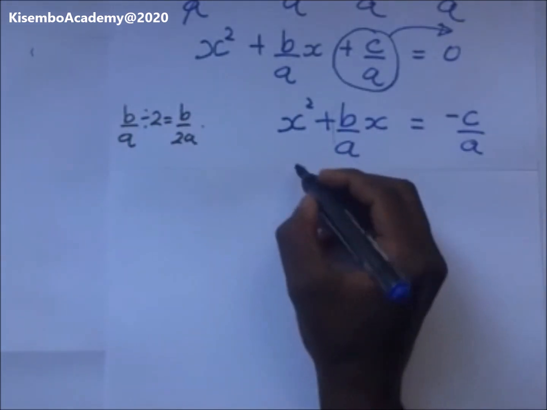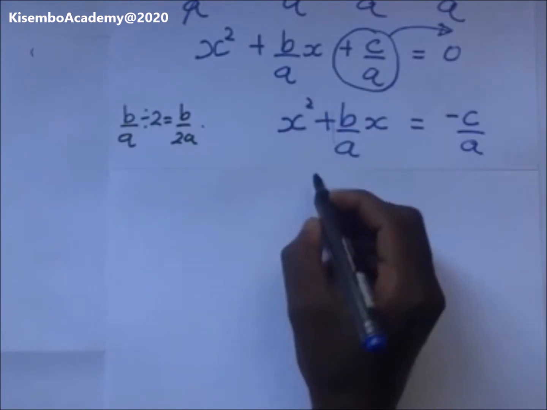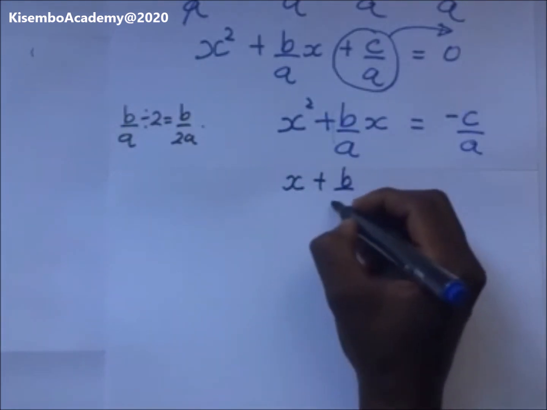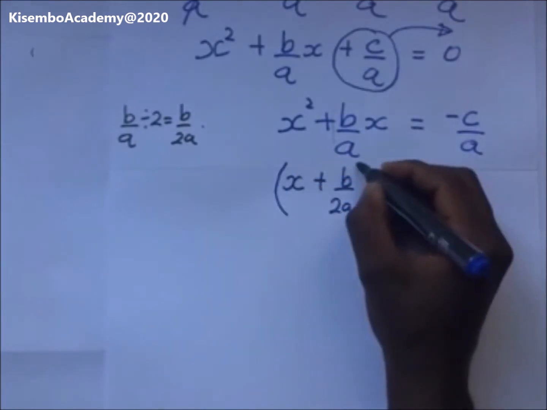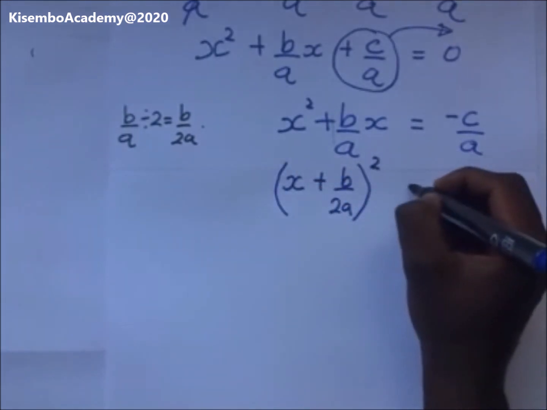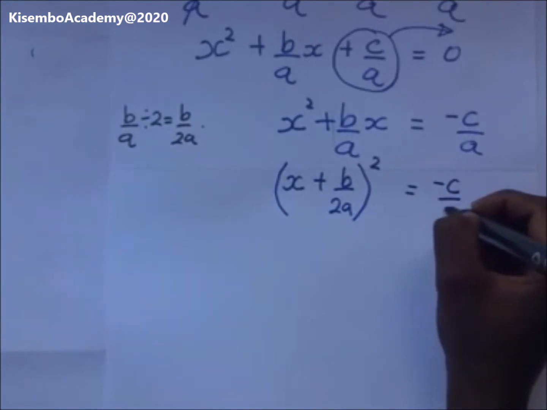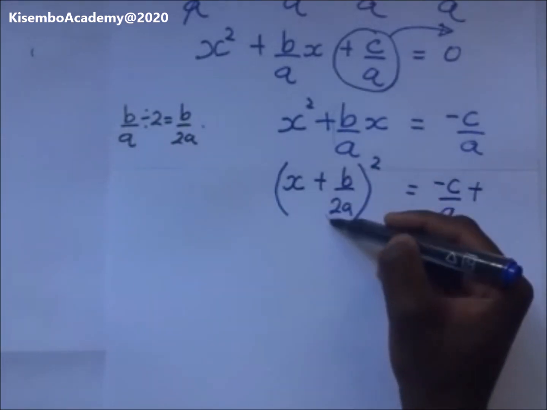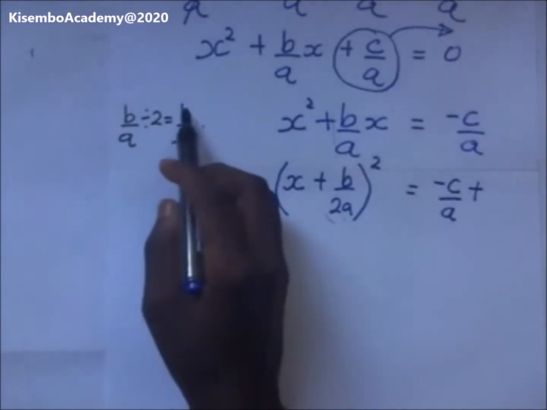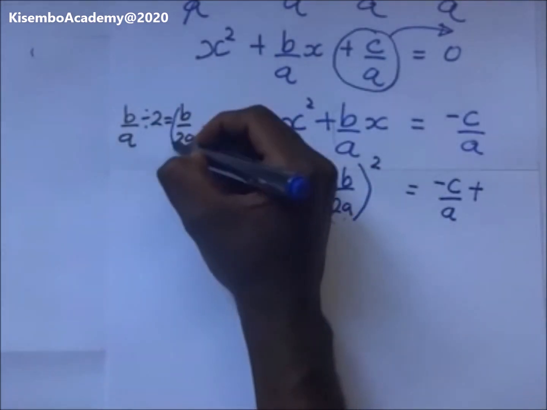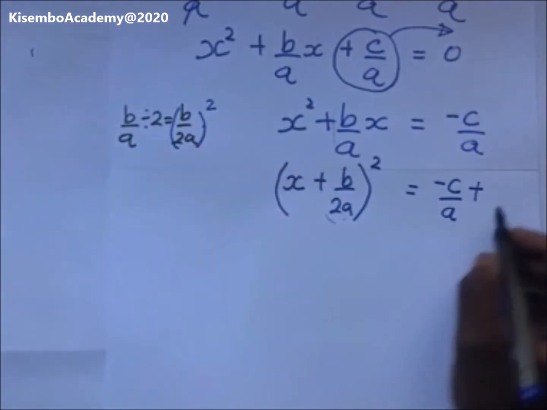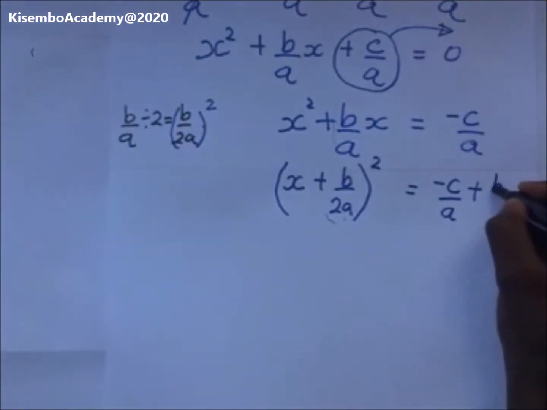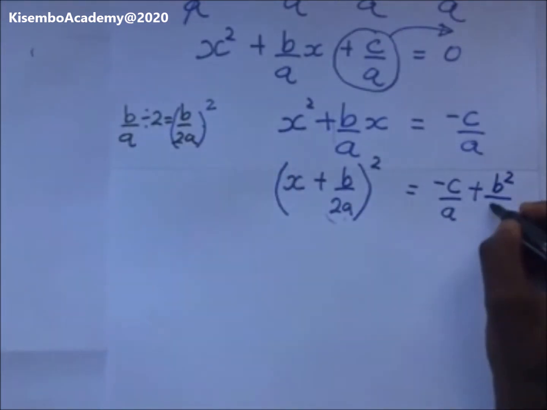After dividing this by 2, our perfect square is going to become x plus b over 2a, squared, equal to negative c over a, and now we add the square of what we got here. We divide by 2, then we square it, and what we get is what we add here. So this squared is going to become b squared over 4a squared.